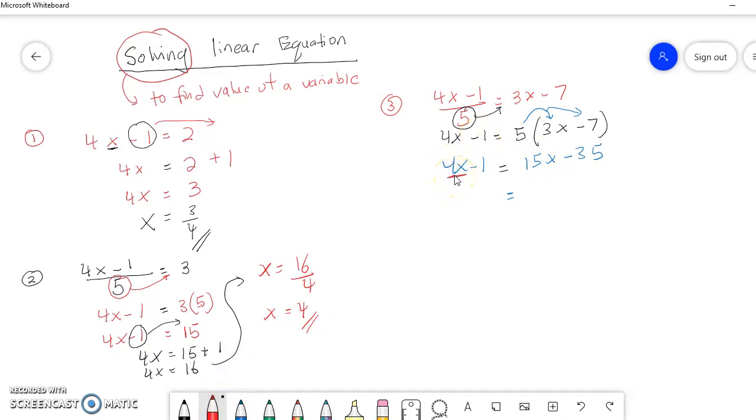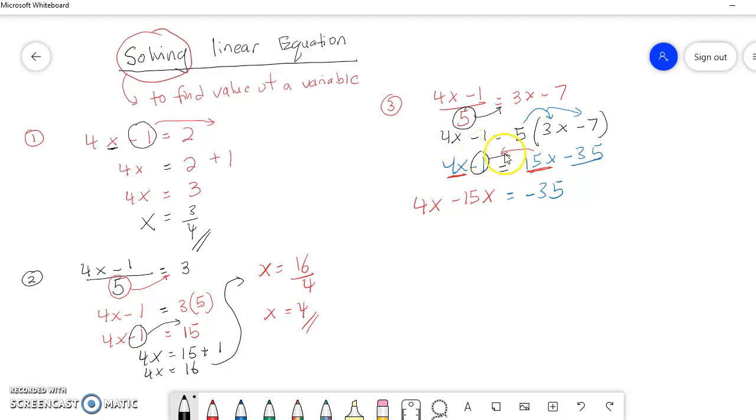Now you have to gather the x. Here you have 4x and here you have 15x. So we gather all the x in one place. We move 15x to the opposite side, and it becomes minus 15x, while we remain this negative 35 over here. Then you can see this minus 1 here.